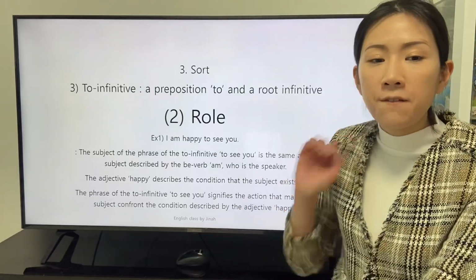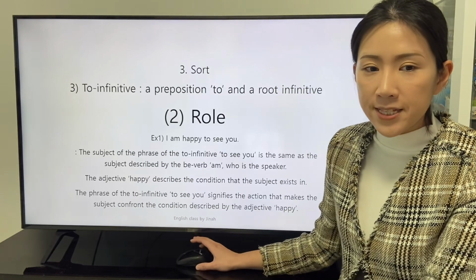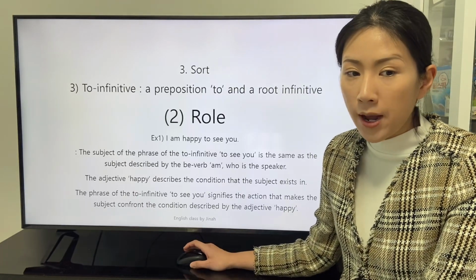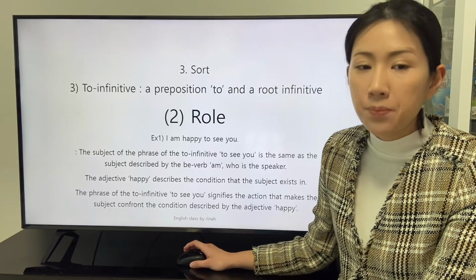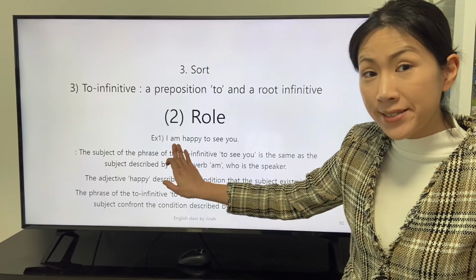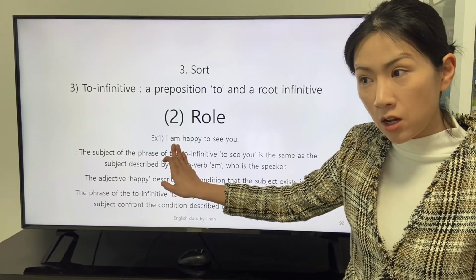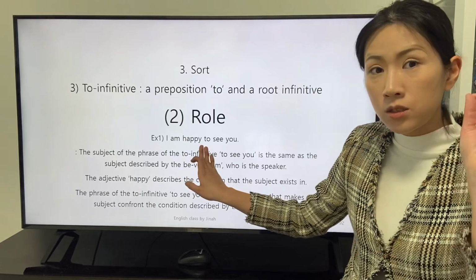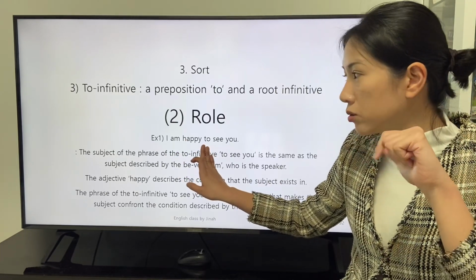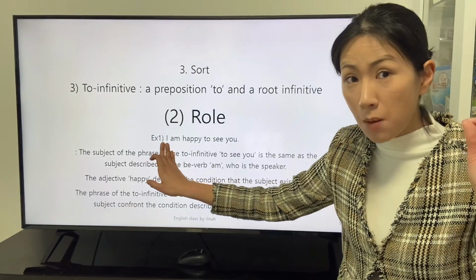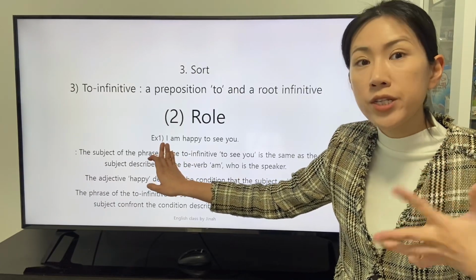The subject of the phrase of the to-infinitive to see you is the same as the subject described by the be-verb am, who is the speaker. The intransitive verb, that is the be-verb, am, and the preposition to describe the same subject, who is the speaker.